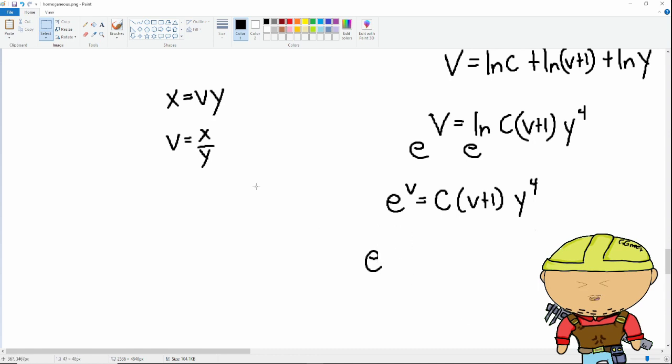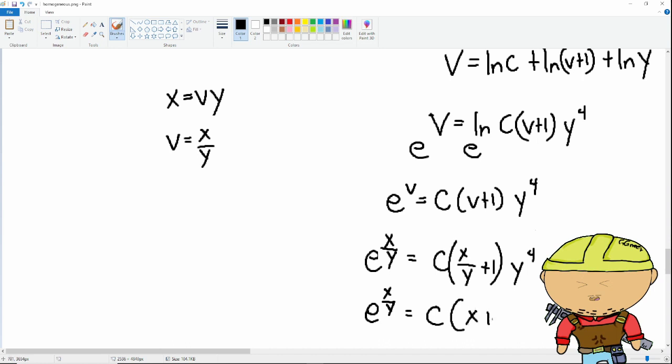Okay. Always double check your answer. Okay. e to the x over y is equal to c, x over y plus 1, y to the 4th. Okay, I'm gonna distribute y inside, or just the variable y is equal to c times x plus y cube.